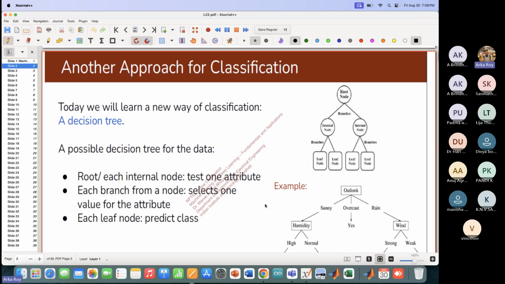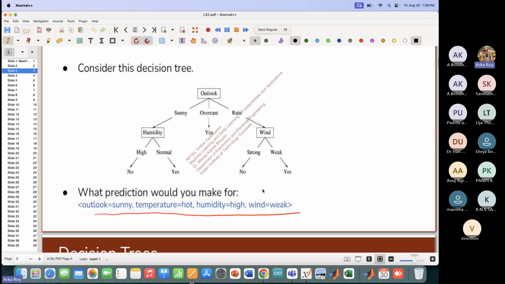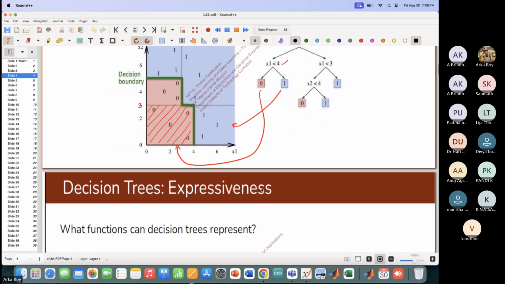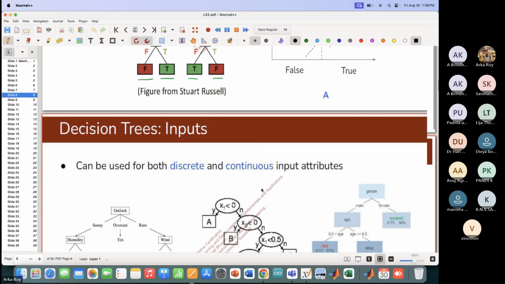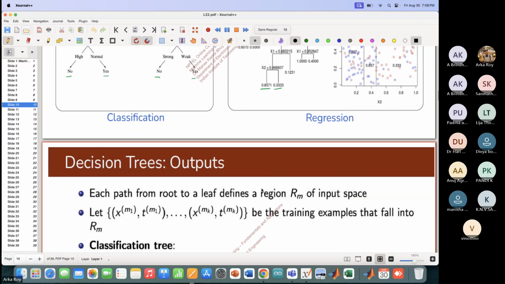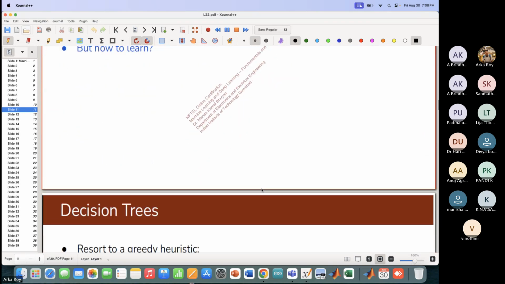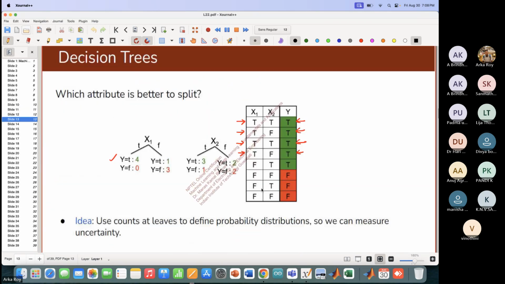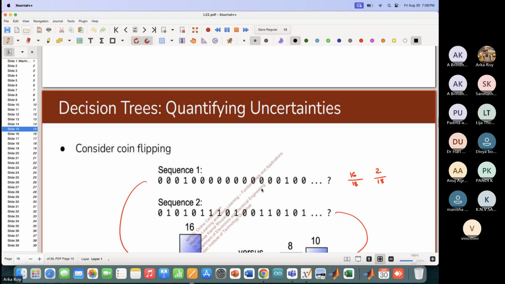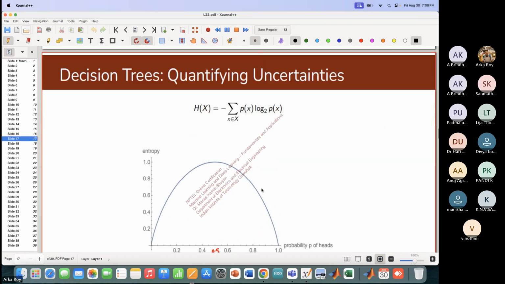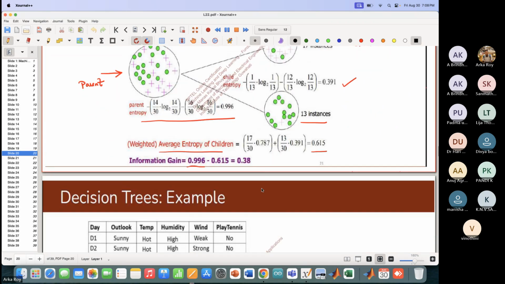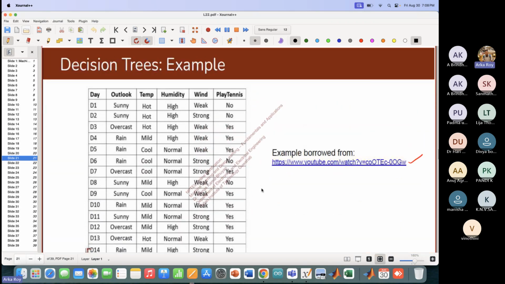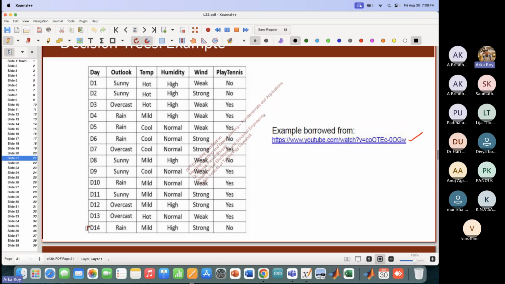So let's say you have a data set like this.